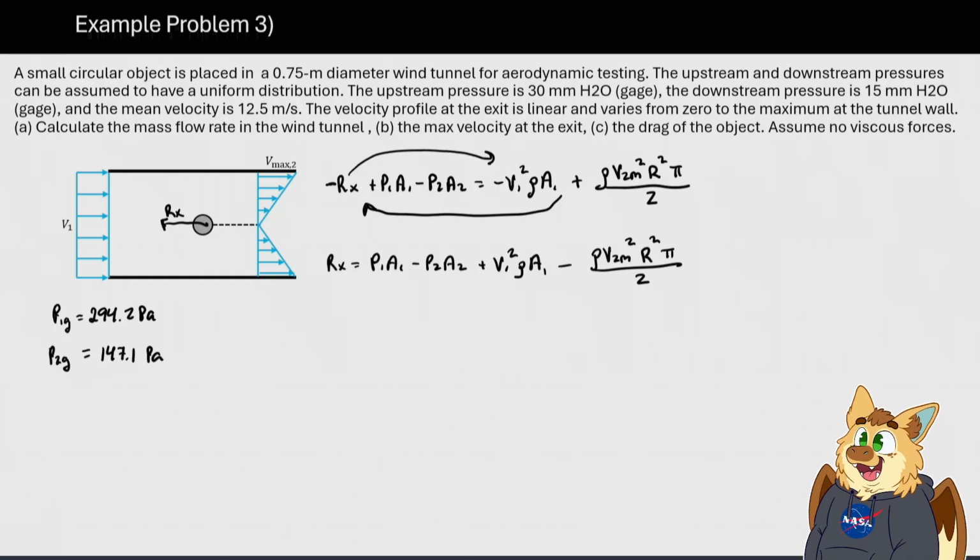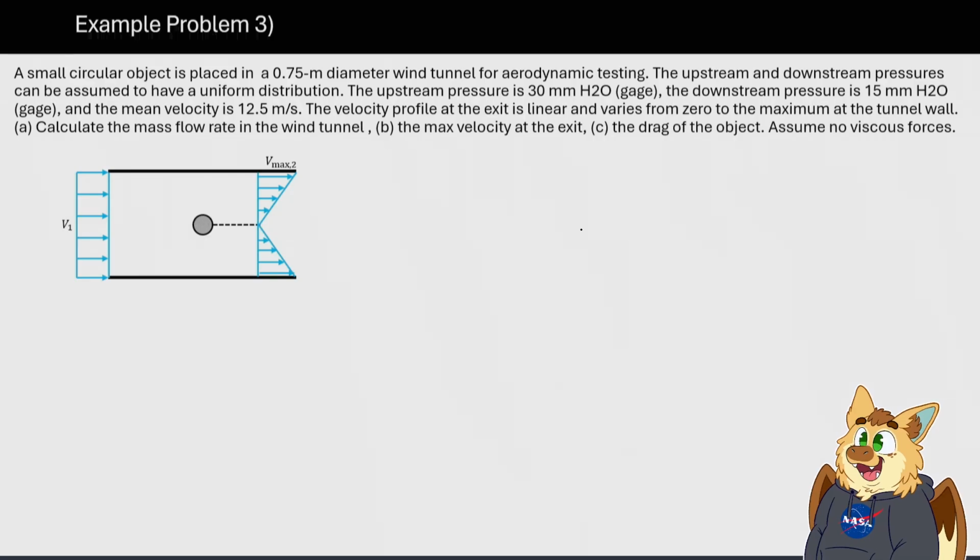Okay, and then I think we're pretty much good to plug and chug at this point because we have everything. I'm not going to do the full write out of all the maths here because my hand is getting a little tired.